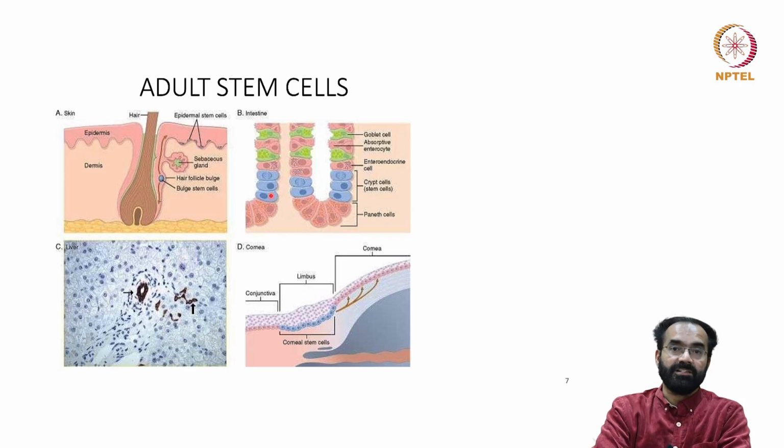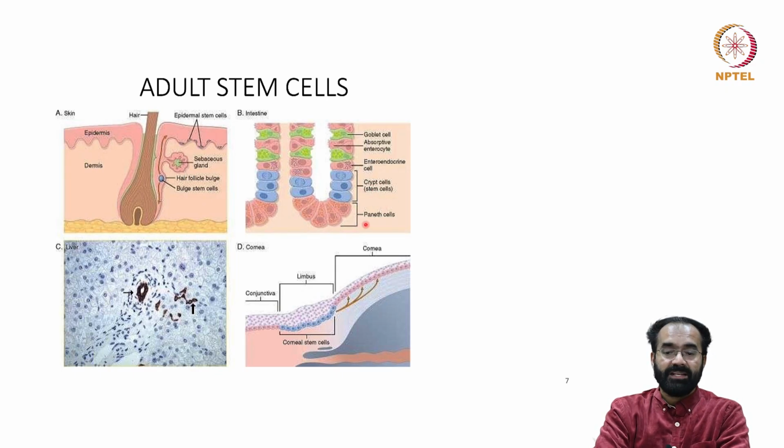And if you look into your intestine, in the same way, your endoderm-derived intestinal lining also has severe wear and tear due to the movement of digested, post-digested materials. And they also have different types of cells. There are goblet cells for secreting the mucus, absorptive enterocytes, and enteroendocrine cells that release hormones, and they also have crypt cells, which are often referred to as the stem cells.